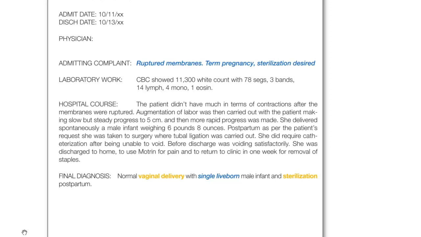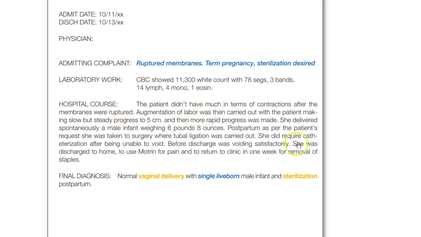So I've already brought it up, but this is from the week 2 cases, again, the last case. So our patient comes in with ruptured membranes, term pregnancy, sterilization desires. So let's look closer at this hospital course. The patient didn't have much in terms of contractions after the membranes were ruptured.